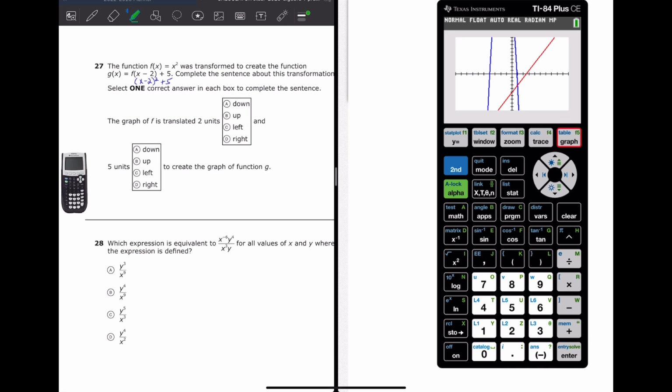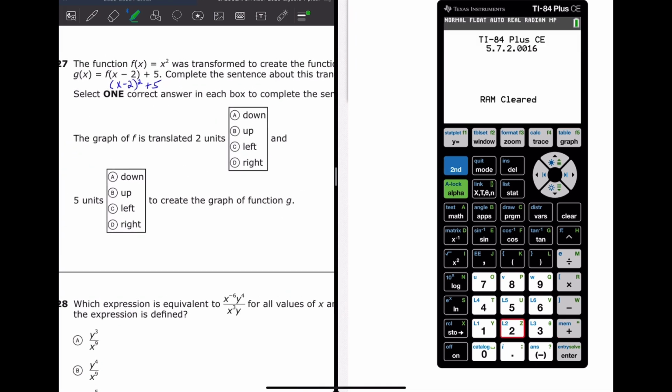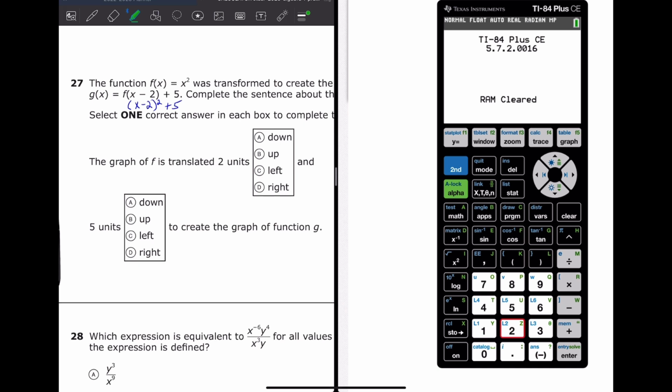This is one of the 2.0 questions. You can still use a calculator to help you out. You can use it as a visual aid. Go to y equals. Under y1, you will type in the parent, x squared.